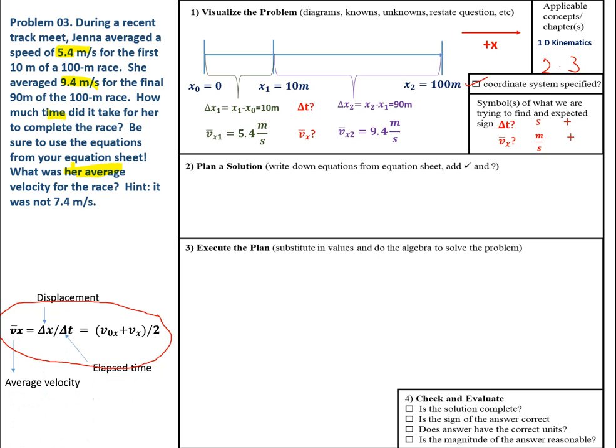In addition, when the acceleration is constant, average velocity can be found by taking an average of the instantaneous velocities at the beginning and end of the time interval. But that's only when the acceleration is constant.